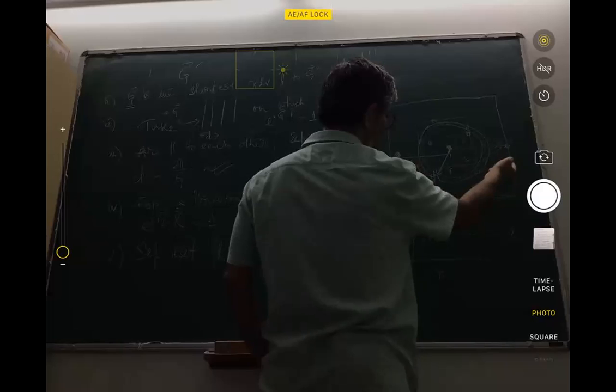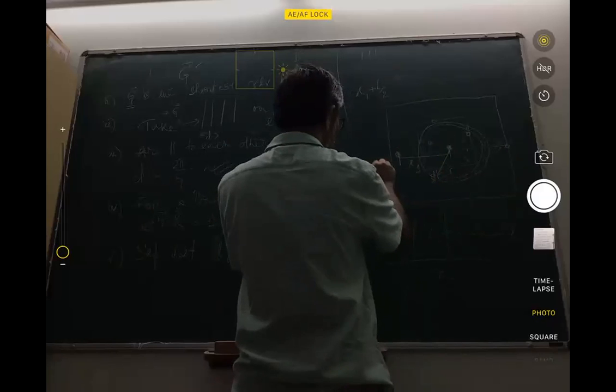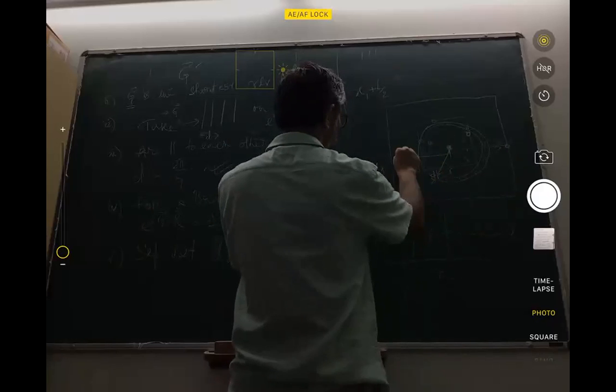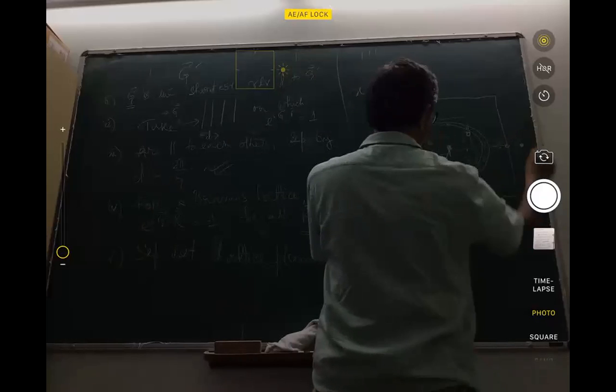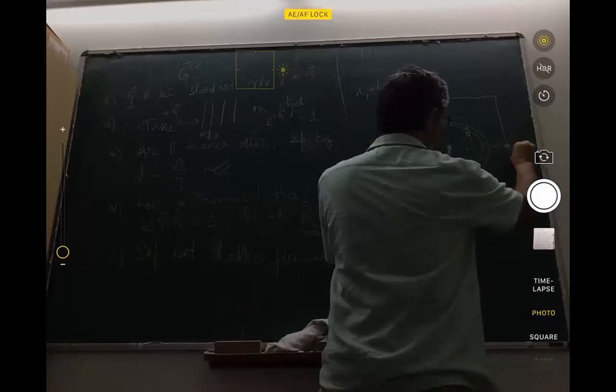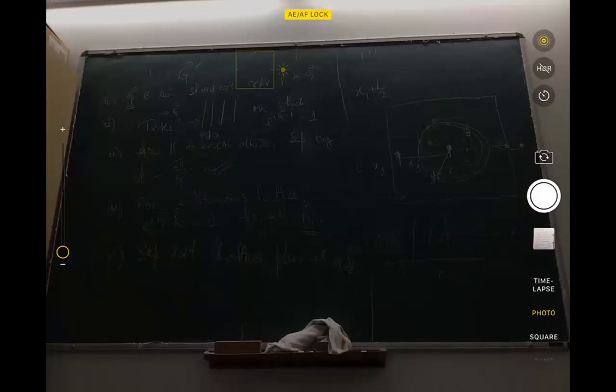But when you apply periodic boundary condition, the distance between these two would really be L minus x1, because this one also is repeated here. So this much is L minus x1. Is that what you are asking?